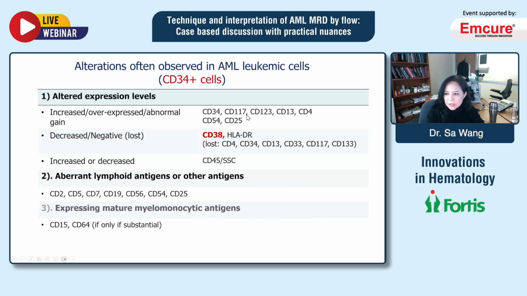So these are the markers we count on as altered expression, right? As we say, if you only count on CD7 and CD56, you only detect a little over 50% of AML cases, but for the rest you really have to count on some level of change, or sometimes you can lose or gain one antigen.